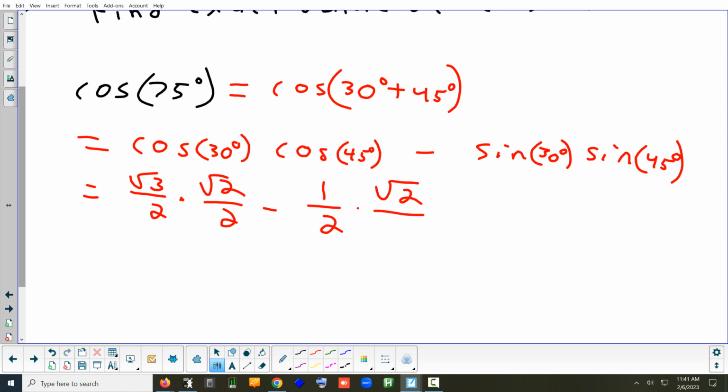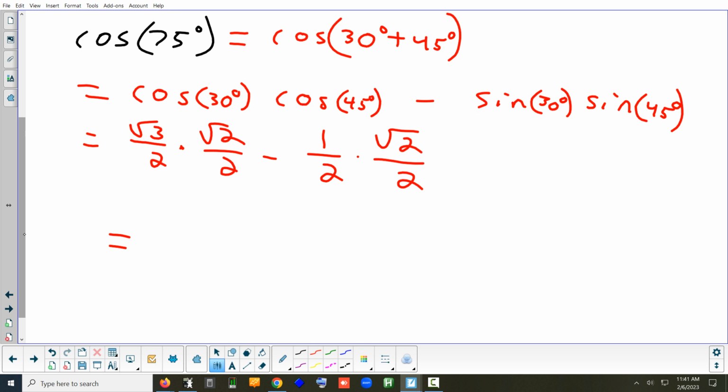Square root 2 over 2. So when you put all that together with a common denominator, what's your final answer? Square root of 6 over 4, minus square root of 2 over 4.